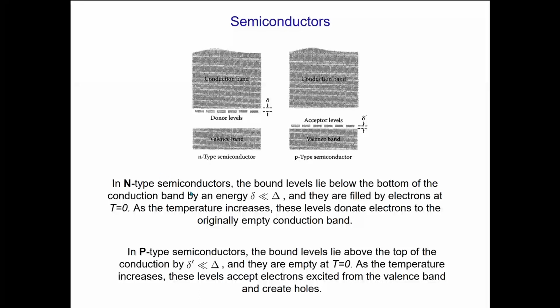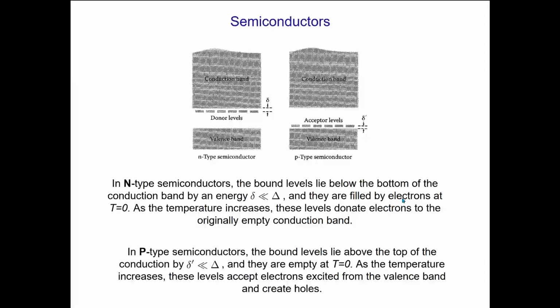In the N-type semiconductors, there will be donor levels where these electrons will be sitting. They are free extra electrons, and these so-called bound levels will lie exactly below the bottom of the conduction band, below by a small energy, much less than the gap.